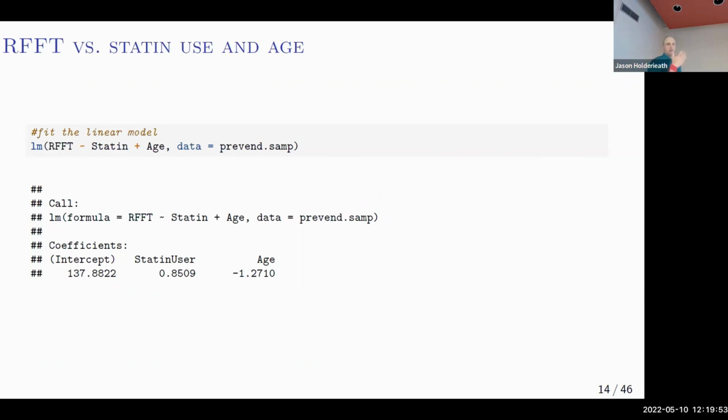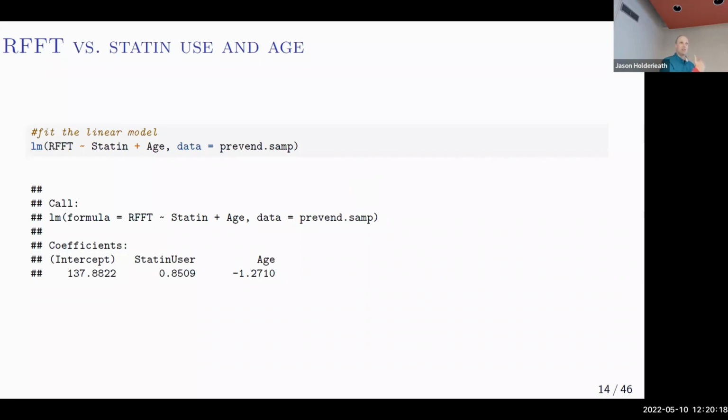A 1-unit increase in age leads to a 1.271 unit decrease in score. So we have the decline in cognitive ability that we would expect, but now we're controlling for more factors.